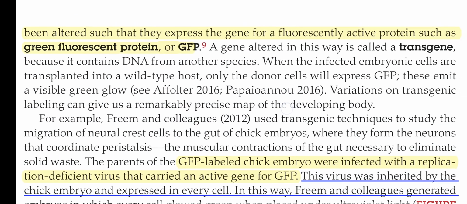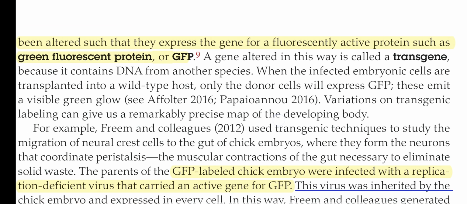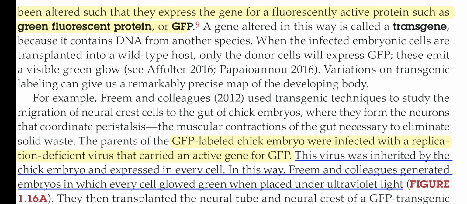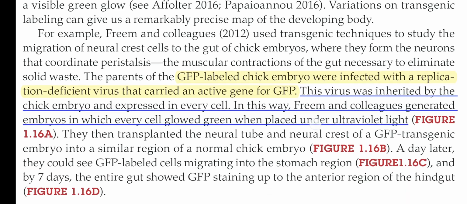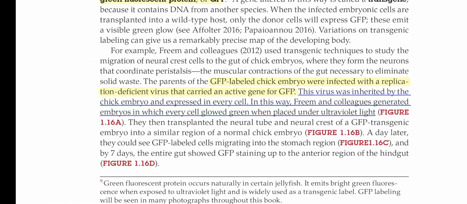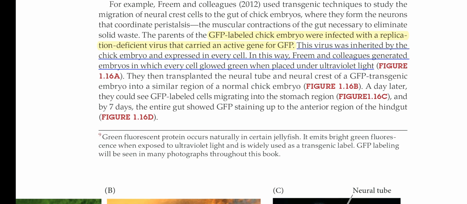One of the most interesting things is the green fluorescent protein. This is a gene which codes for the protein we call green fluorescent protein, which fluoresces at a particular wavelength of light, and by this we can observe which region a protein is localized in, and by that we can observe the fate map of that organism.